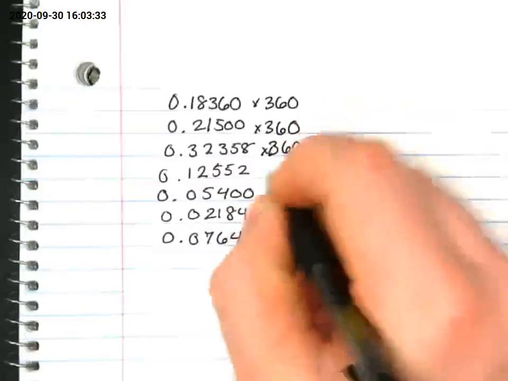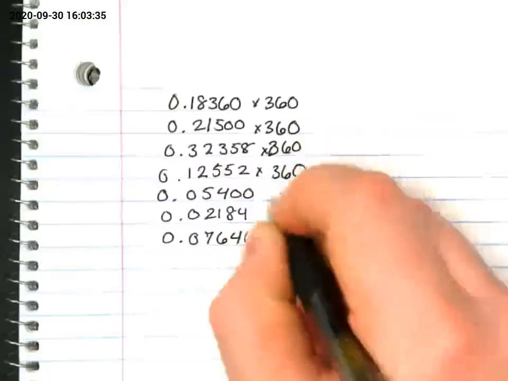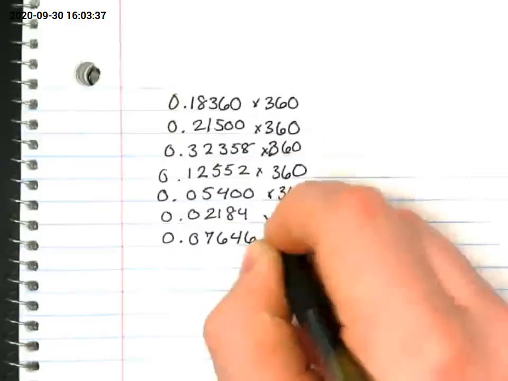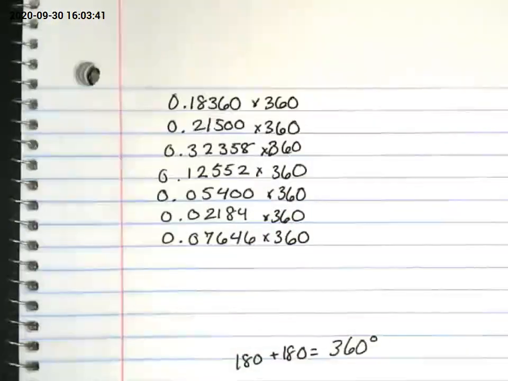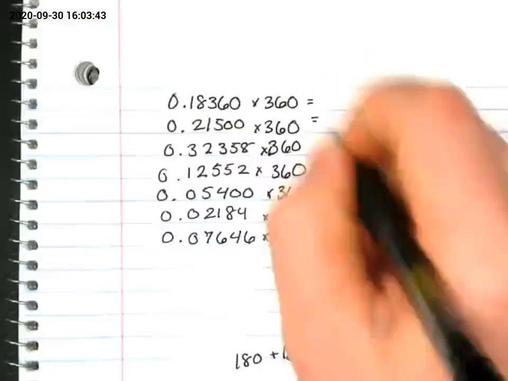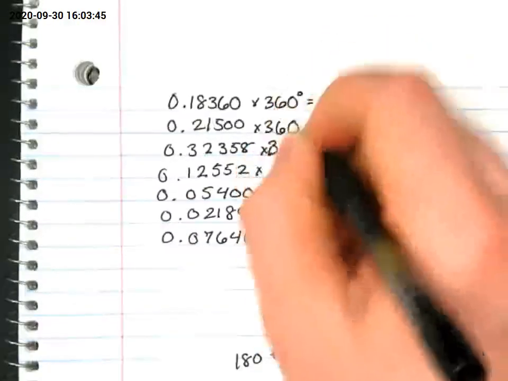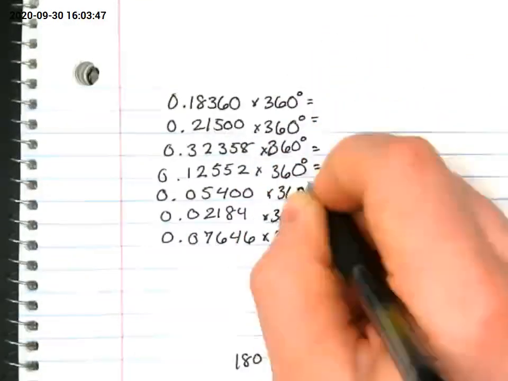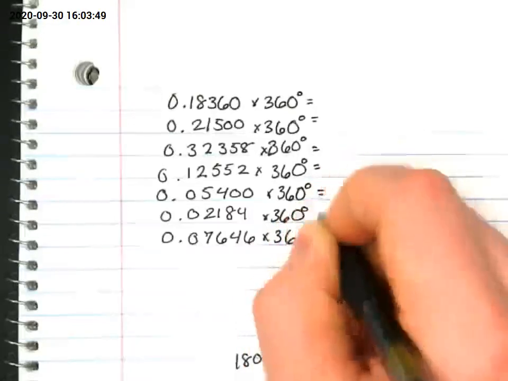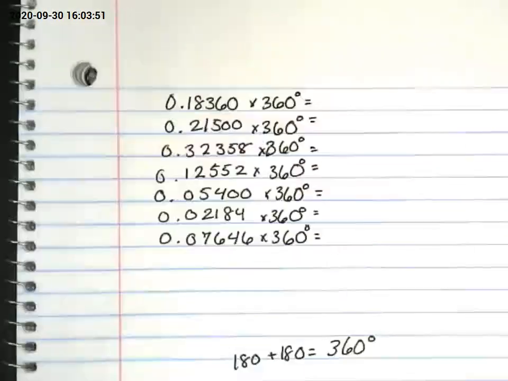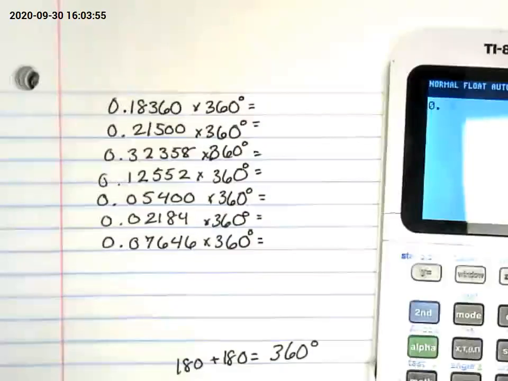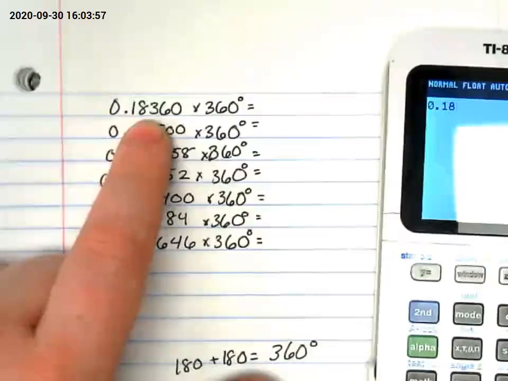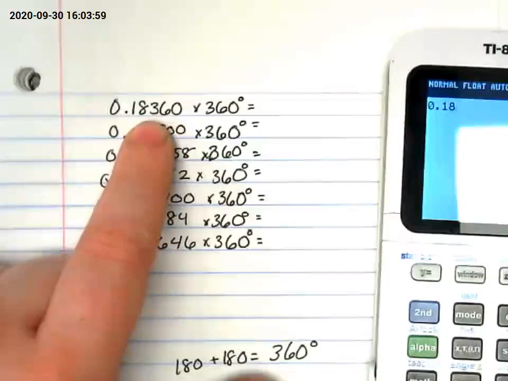And this will give us our degrees. And remember, you've got to use the decimal. You don't want to use the 18.360 because it's going to be off by two decimal places.